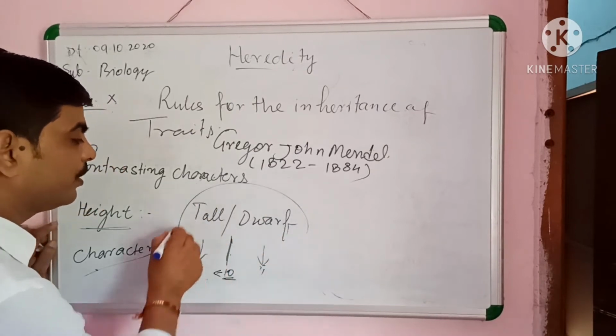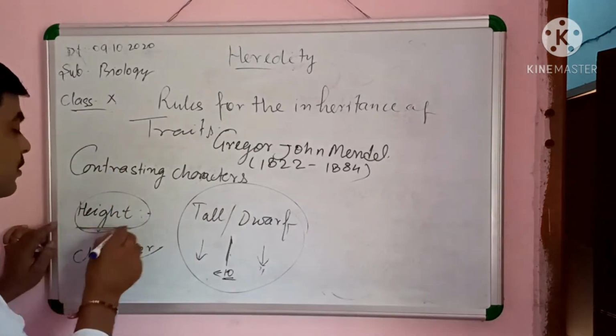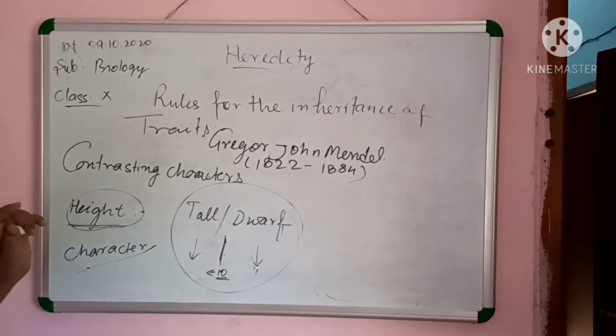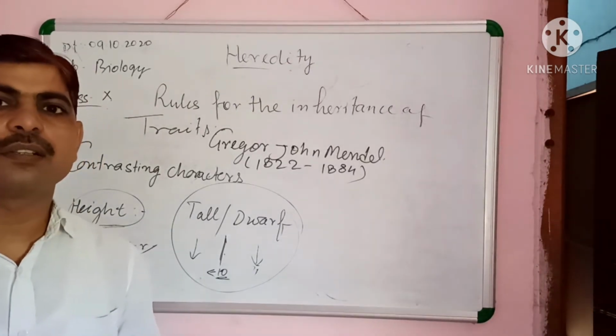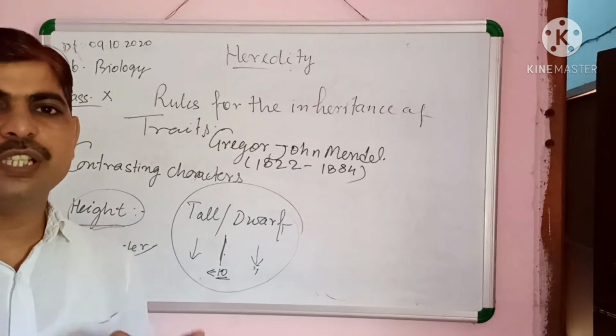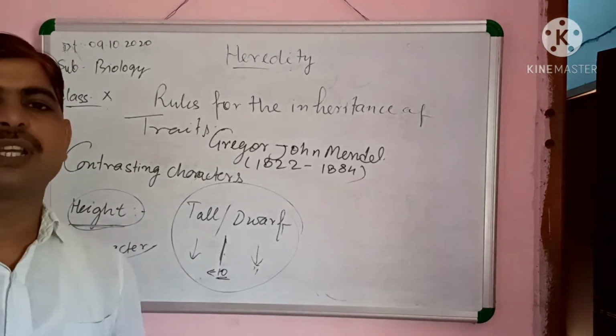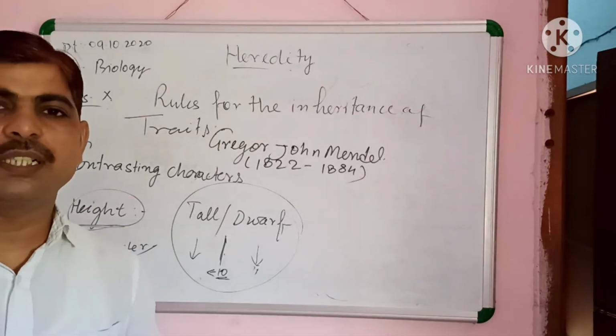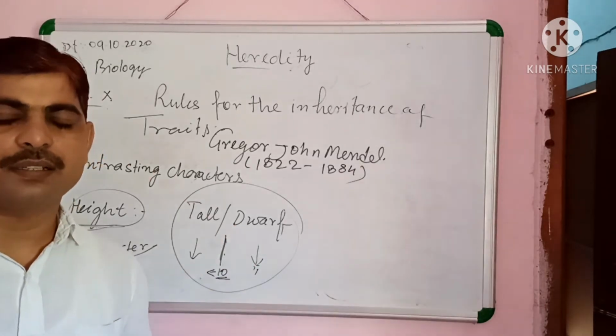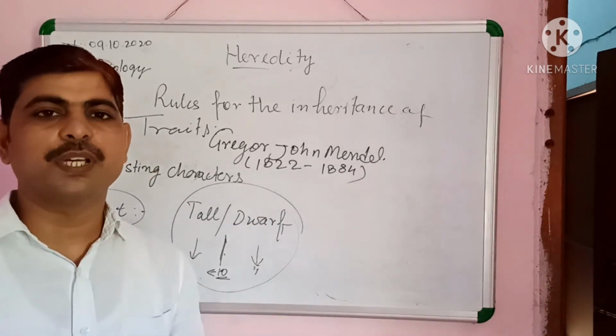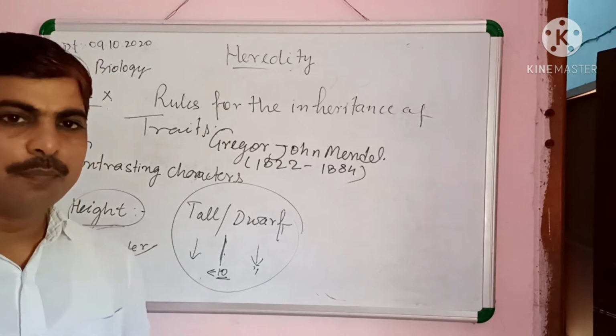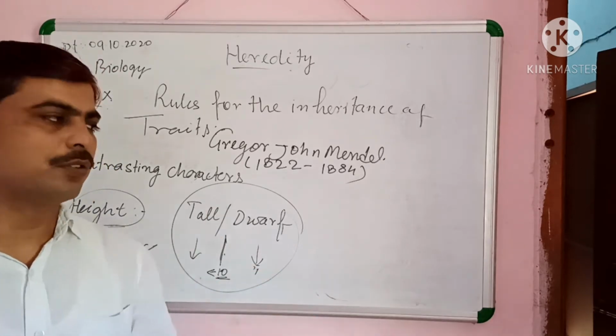But in whole we are talking about the character, that is the height. So a child receives two versions of each character, one from its father and the second from the mother. Okay.